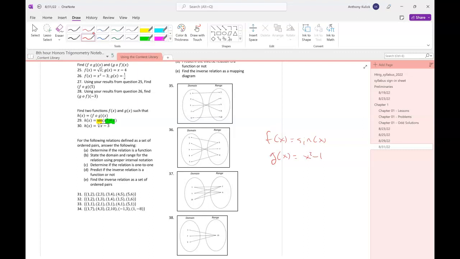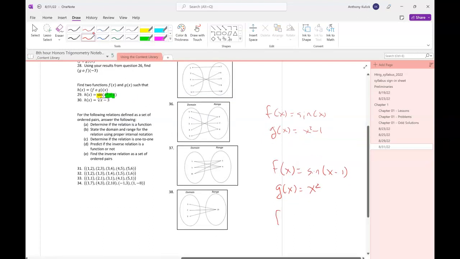Is that the only answer? No. You could have done f of x is equal to sine x minus 1, and then g of x could just be x squared. Right? That would be okay. When I compose those, I still get h. Or there's the ultimate cheat code, where f of x could just be the whole thing, and g of x could just be x.